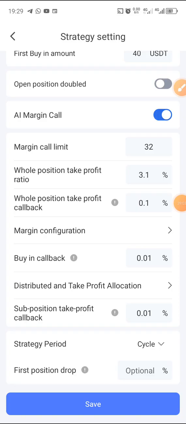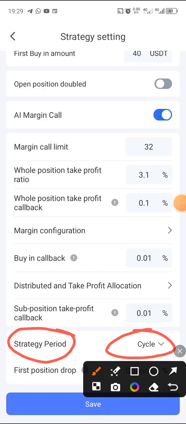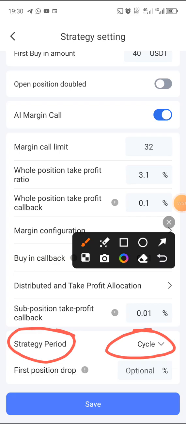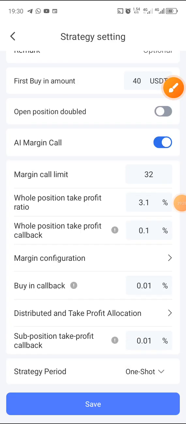So we move on to the strategy period. We are going to be talking about this in our lessons to come. What is the cycle mode and what is the one shot? But as of now, just come and tap on cycle so that you make it one shot.